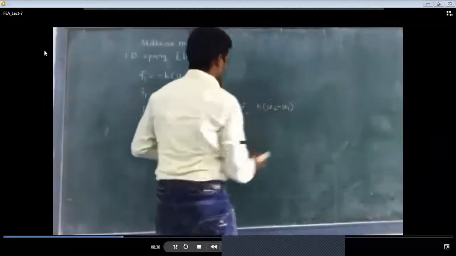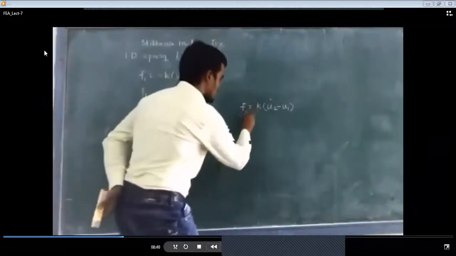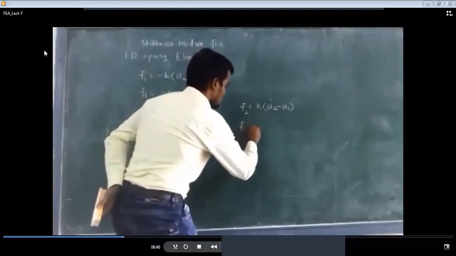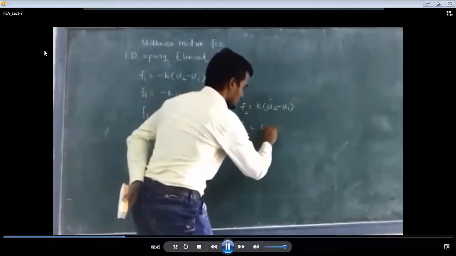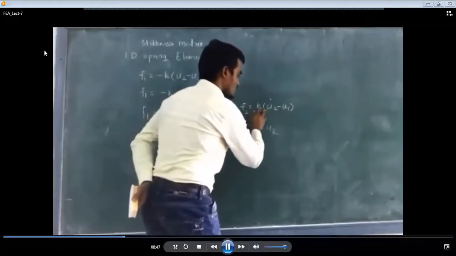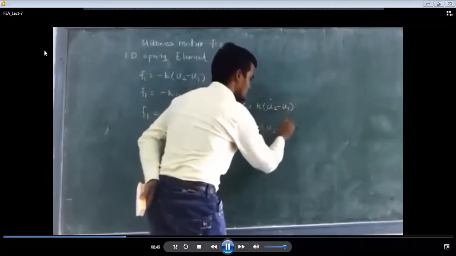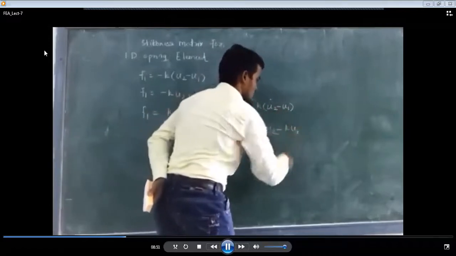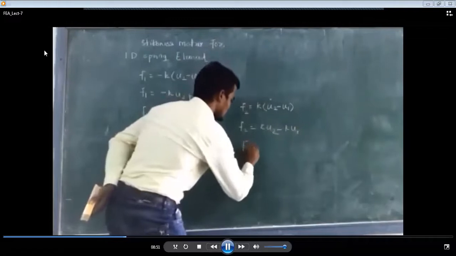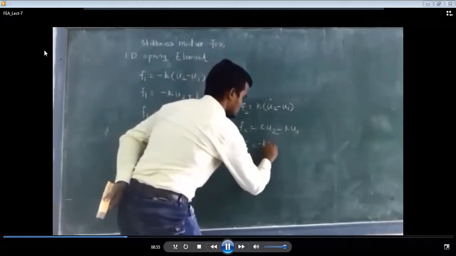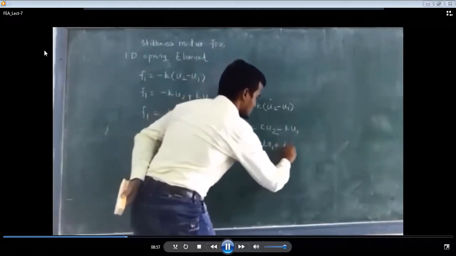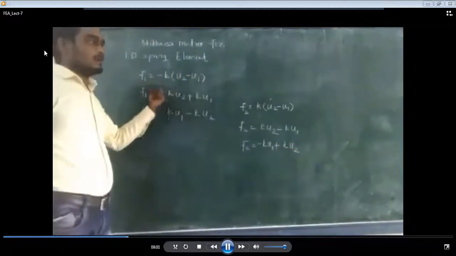Similarly, this F2 can be simplified as F2 is equal to k times u2 and k times minus u1. So you can write this F2 as minus k times u1 plus k times u2, means u1 term first and u2 term second.